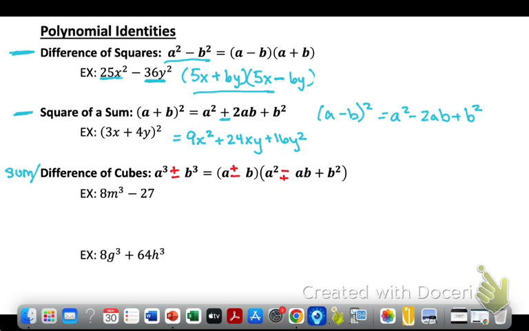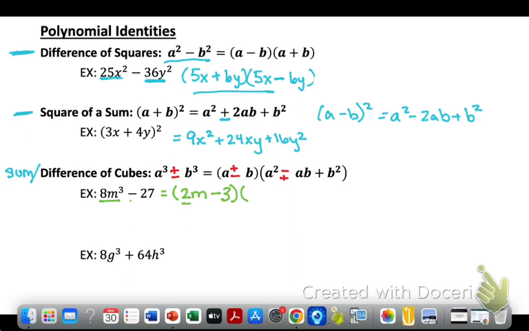Yes. Okay, so what we do is we take the cube root of the first thing. So what's the cube root of 8? 2. What's the cube root of m cubed? M. Same sign. And the cube root of 27 is 3. So now that we have that, we are ready to go on to our next thing. We don't use the original anymore.